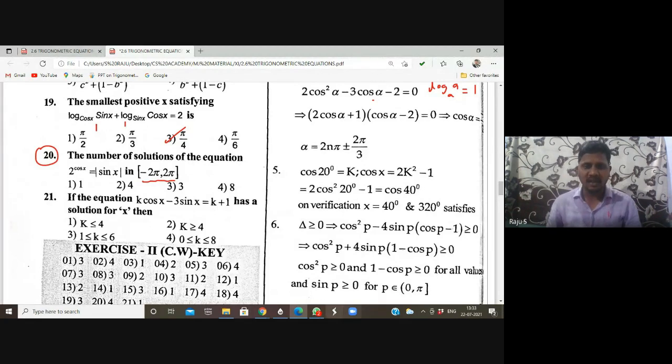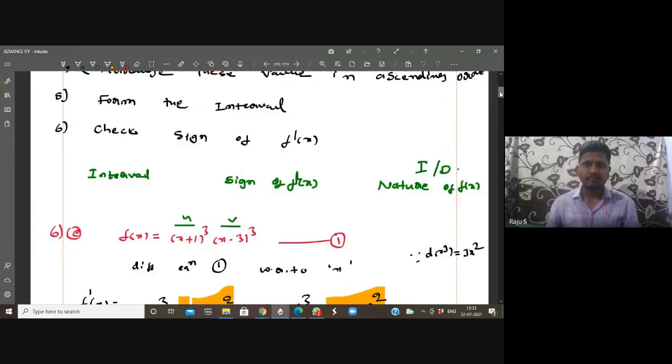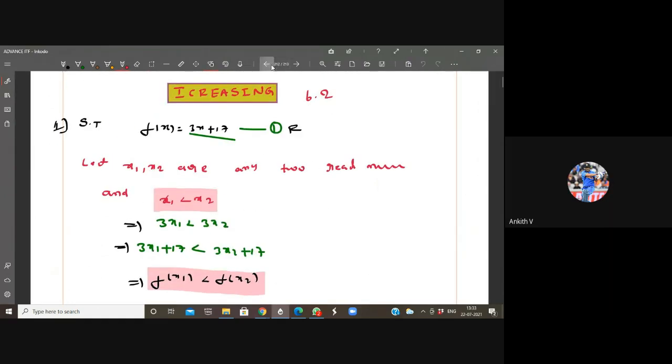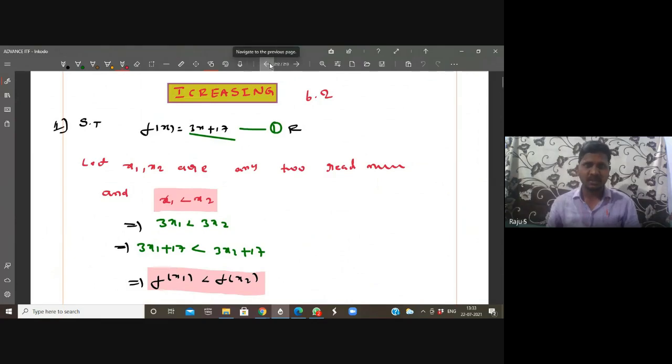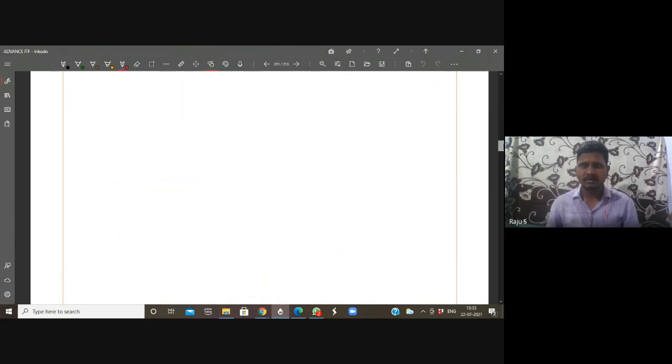When we see the graphical representation of modulus sin x, its periodicity is 180. Exactly, periodicity is 180, so it is symmetric about the y-axis.